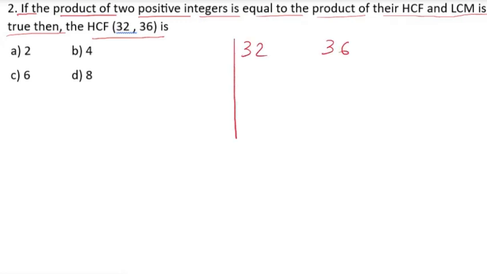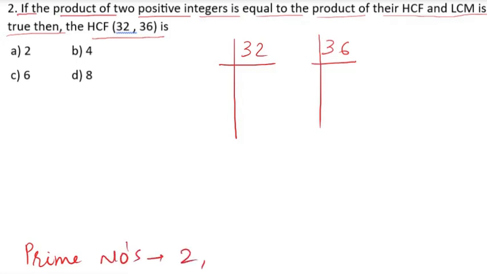we'll find the common factors. We know that prime numbers start from 2, 3, 5, 7, 11, 13 and so on. So we can select the prime number which can divide 32 and then the prime numbers which will divide 36.